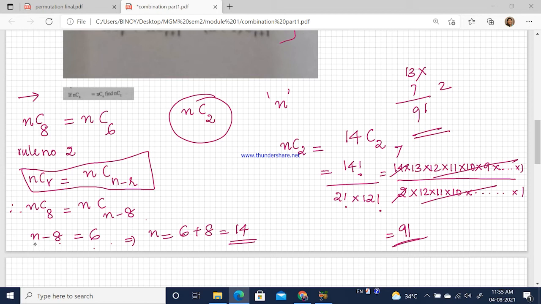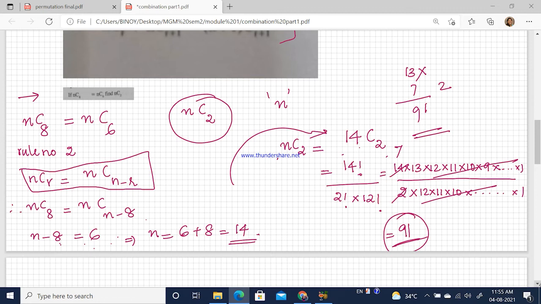So we wrote N minus 8 is equal to 6, so N is equal to 14. Substituting N over here, we get 14C2, and we got the answer as 91. Such questions you can expect in your university exams as well. Many questions were asked in the last year.